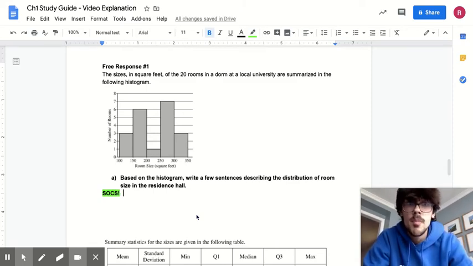So in terms of SOCS, I would talk about shape first. That distribution, best word bar none, is bimodal. I have two peaks, one between 150 and 200, one between 250 and 300.